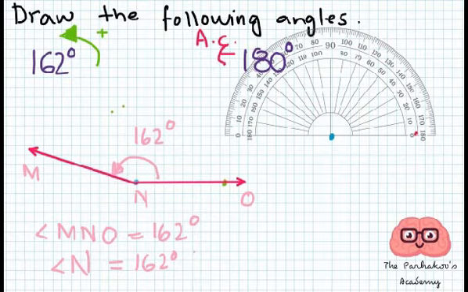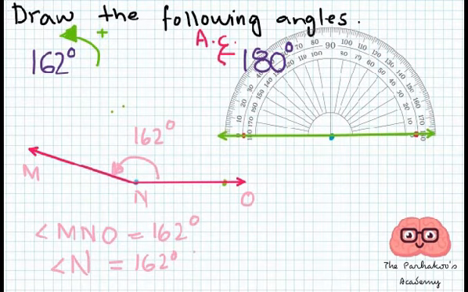So let's point here, and 180 is all the way on this point. So let's draw. This is the first ray, this is the other ray. So this is our angle.